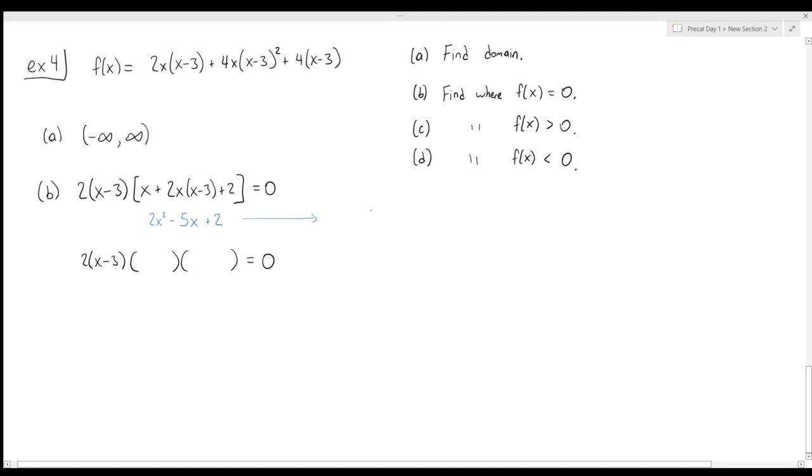But let's consider how we would factor this polynomial. I'm going to start by taking the first and the last number, and I'm just going to multiply them together. All right.